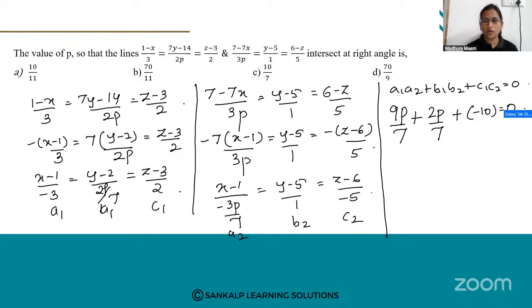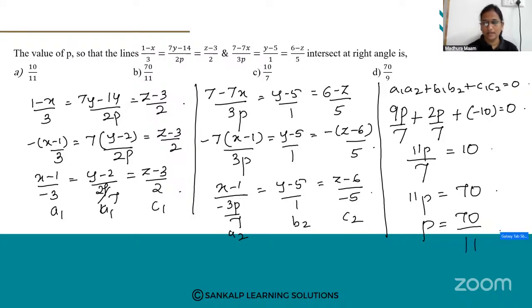Yes. So what we need is only p. I can write this as, anyhow, here the LCM is the same. This becomes 11p. If I write the 10 on the other side, it is plus 10. So 11p is 10 into 7, that is 70. So p will be 70 by 11. That is the required value of p.